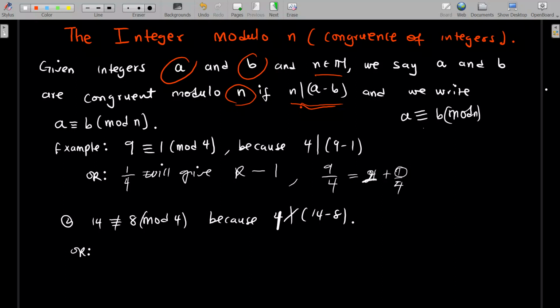Now a counter example is that 14 is not congruent to 8 mod 4, because 4 does not divide 14 minus 8. 14 minus 8 is equal to 6, and 4 does not divide 6, because you cannot write 6 as 4 multiplying an integer. So that's the whole idea.